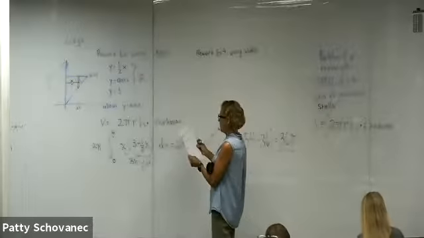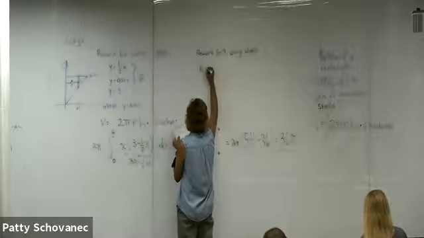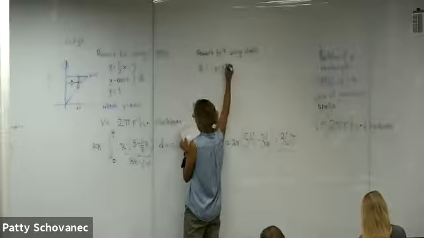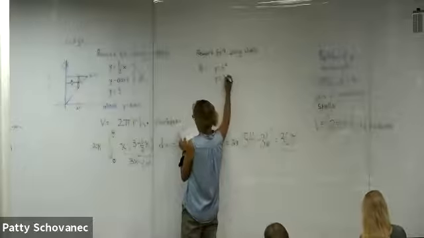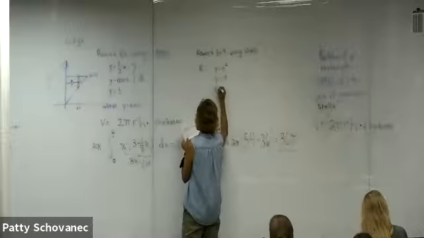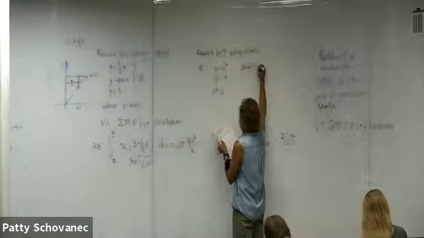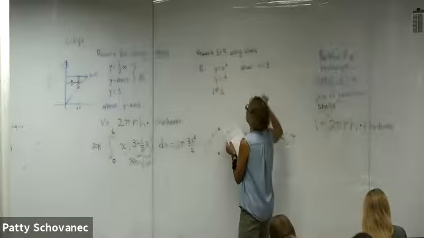Example 4 had the region y is equal to x squared, y is equal to 4, in the first quadrant, about x is equal to 3.